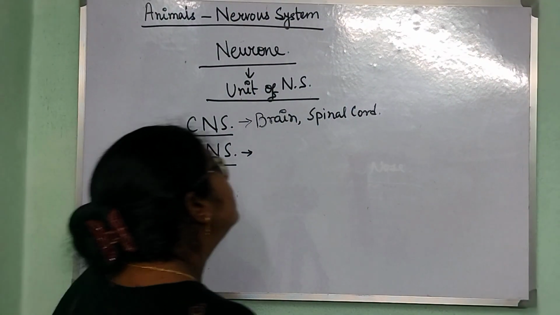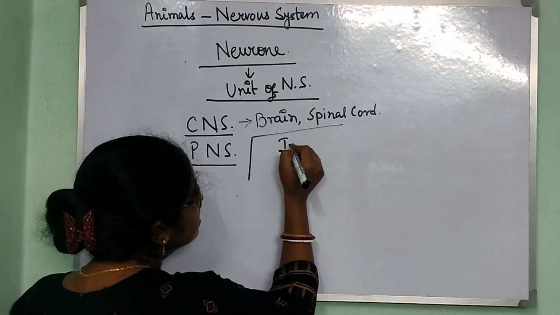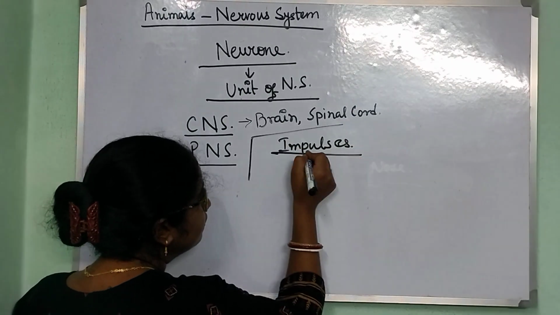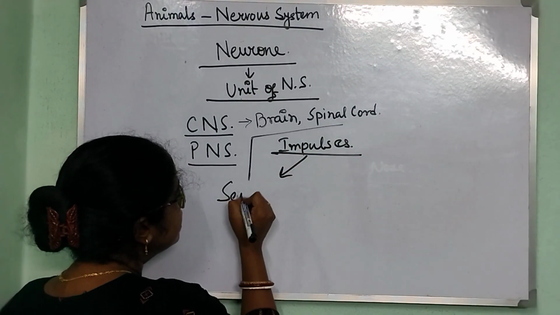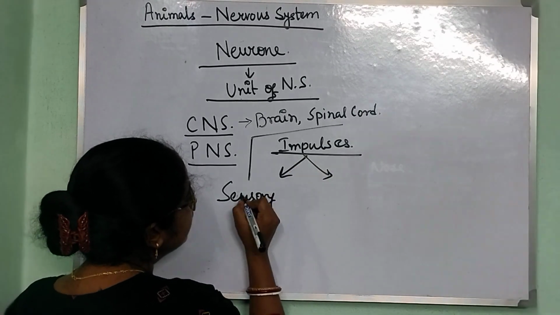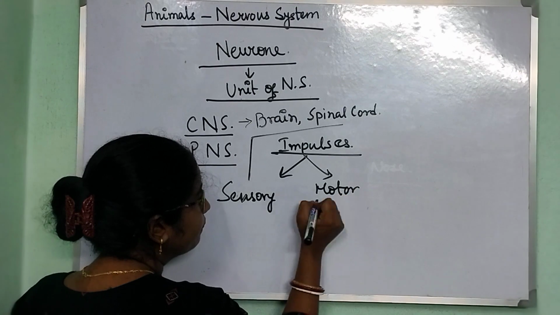So the impulses are of two types. The first one is sensory impulses and the second one is motor impulses.